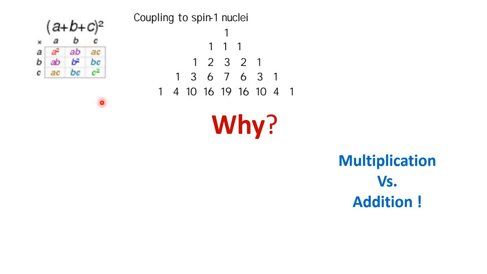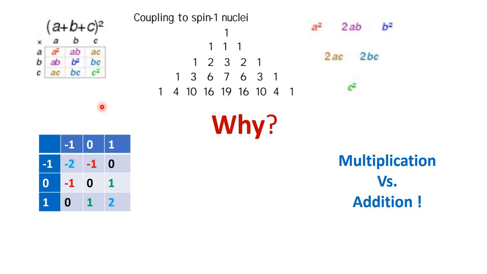We are multiplying, right? But in case of spin, we have the spin -1, 0, +1, for the trinomial case, and here again -1, 0, 1. So you have to add, you have to sum up to get the total spin. It is not -1 into -1, rather -1 plus -1, and that gives you -2.